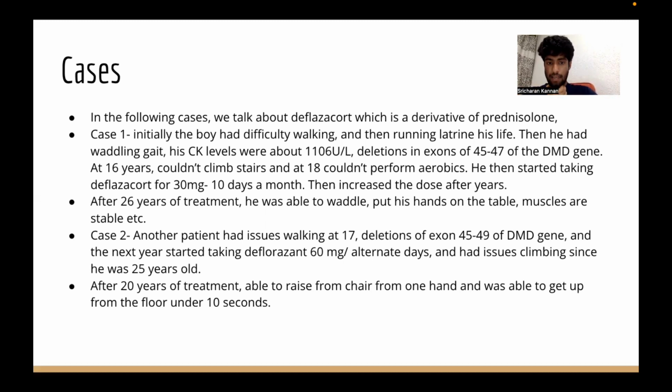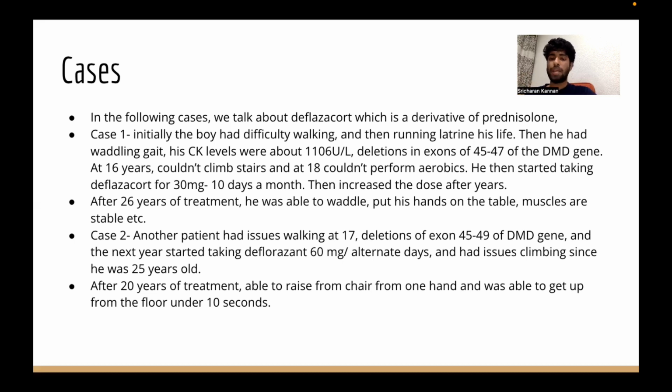He took deflazacort 60 milligrams on alternate days, and later, around 25, he had issues climbing stairs. After 20 years of treatment, it has worked well for him, and he didn't really have any side effects.